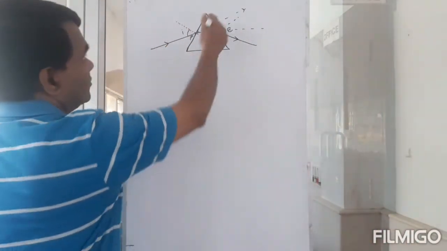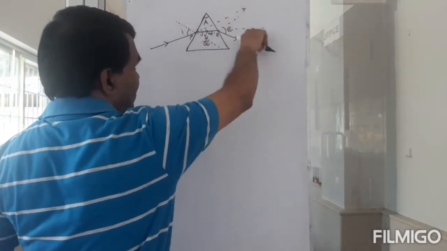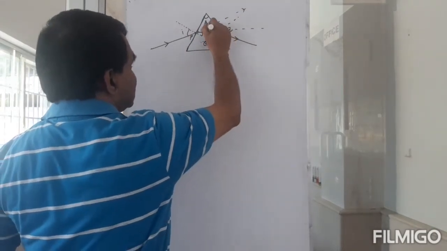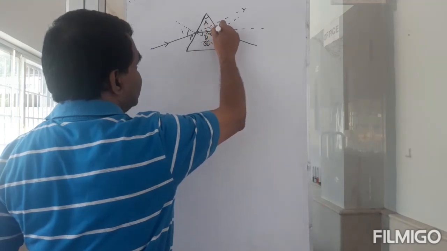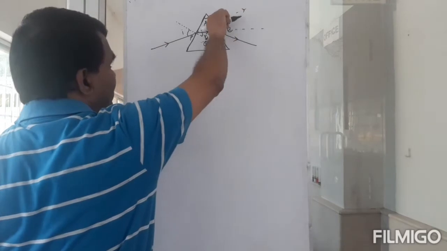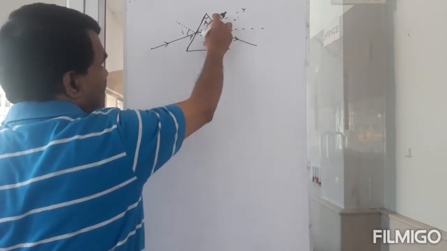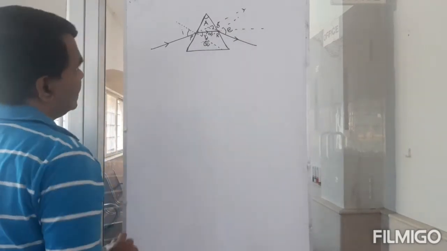Instead of the ray coming to you straight, it is bent and then reaches you. The angle between the original ray and the emerging ray is called delta, which is the angle of deviation.